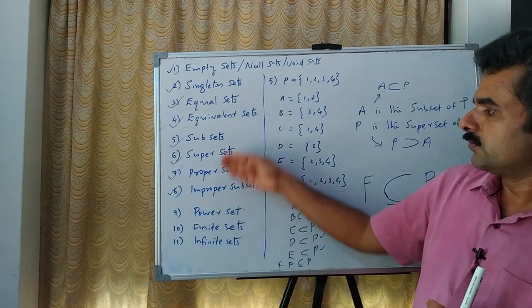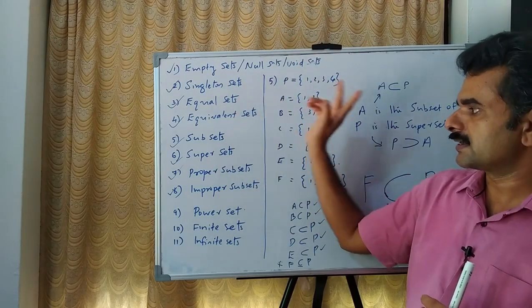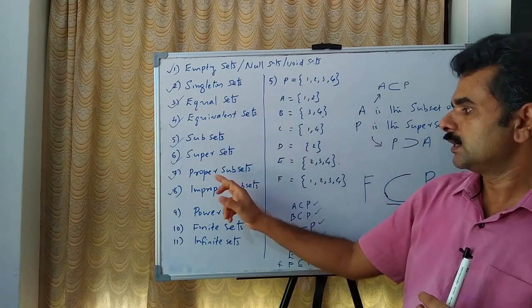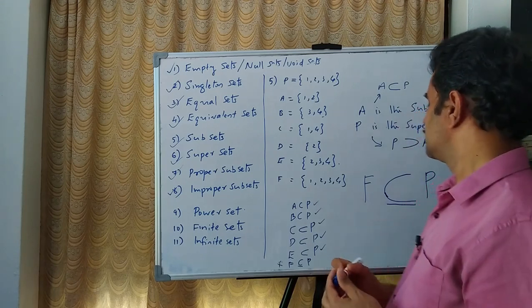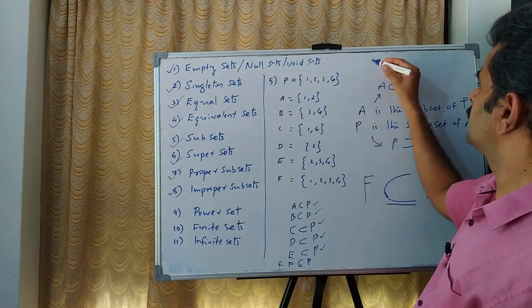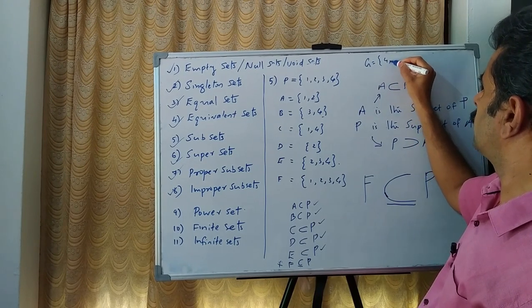So I think you learned about these concepts: empty sets, singleton set, equal sets, equivalent sets, subsets, supersets, proper subsets, and improper subsets. Now see this one. Suppose G is equal to the set 4, 5.